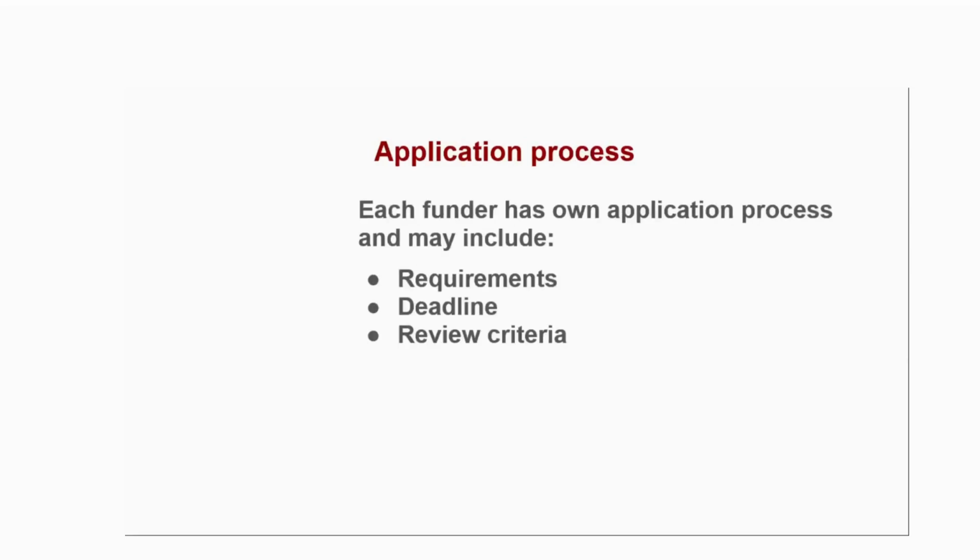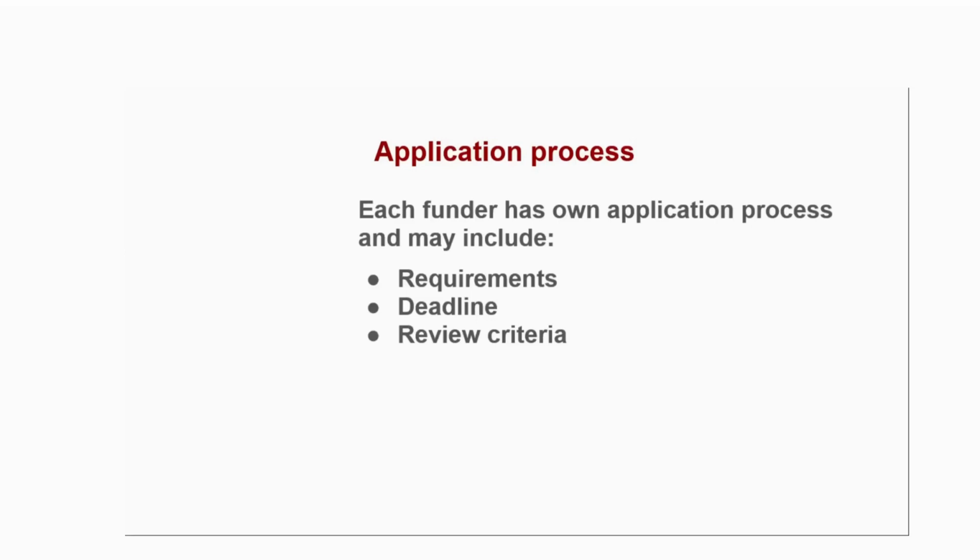Then another important thing I want to talk about is the application process. When you are applying for grants, you have to take note that each funder has its own process of applying for these grants. Some of the things that you need to be looking out for are the requirements. On the company websites, like if you go to Pepsi, or Johnson & Johnson, or the grants.gov website, you will find the requirements for making applications.